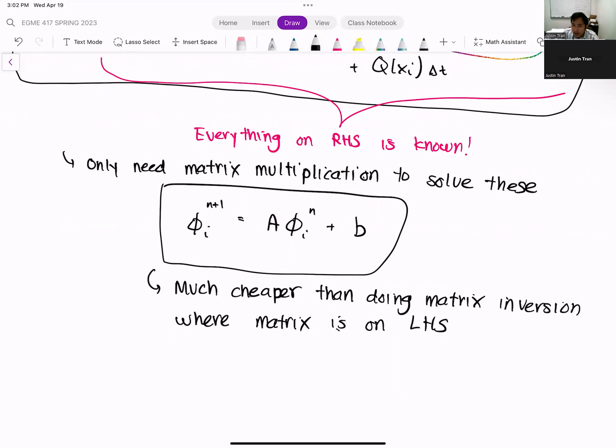But since the matrix is on the right, and it's multiplying something that we already know, which is the current solution, all you need is just matrix multiplication in order to get this to run. And that is much cheaper. Whenever you can avoid matrix inversion and just do matrix multiplication, this is always going to be a lot cheaper. Cheaper meaning that it's going to take a lot less time to run.